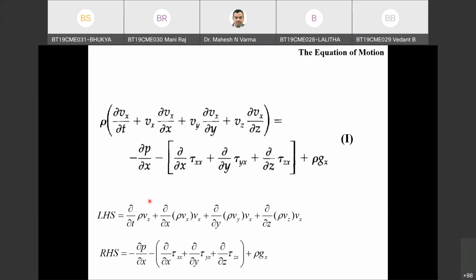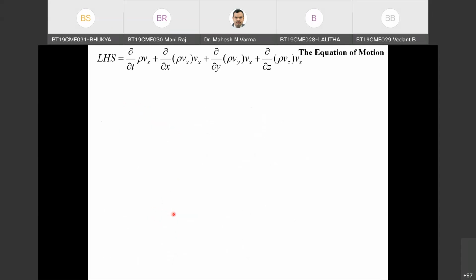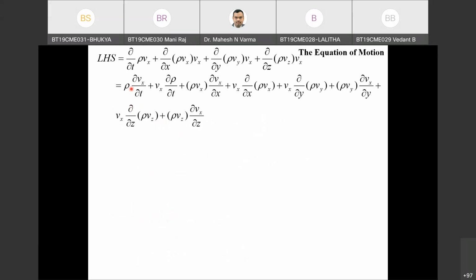But density is not constant. If you keep this density constant, you may be able to prove it easily, but that is not true. Density is not constant, here also in this equation, so we can substitute accordingly. Now for the LHS, I need to prove this LHS equals this LHS. Here I have used the product rule. This is my first function and this is my second function.